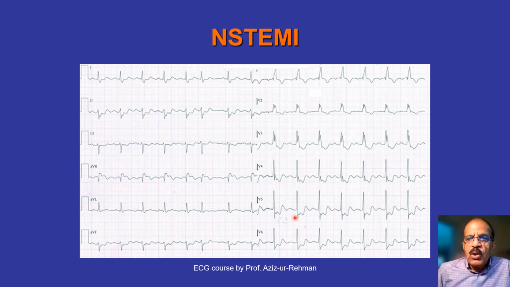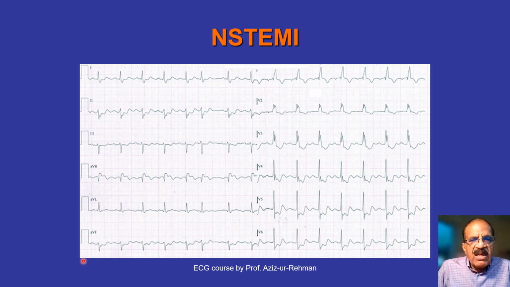In this case, you have this ST depression in V4, V5, V6. So this ST depression cannot be explained on the basis of right bundle branch block alone. Given the history, this patient should be treated and further investigated as NSTEMI.